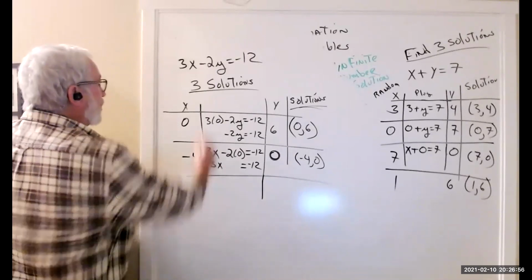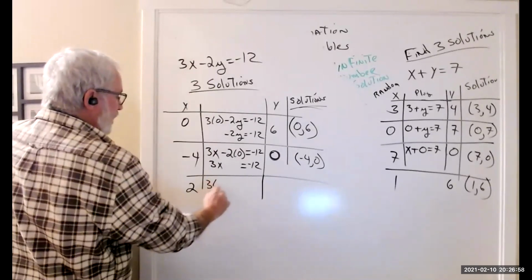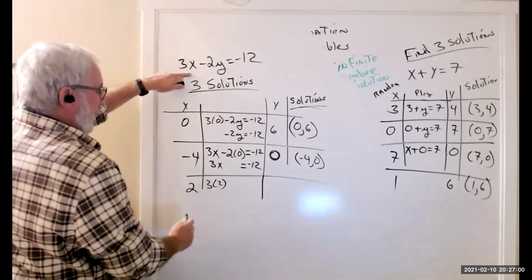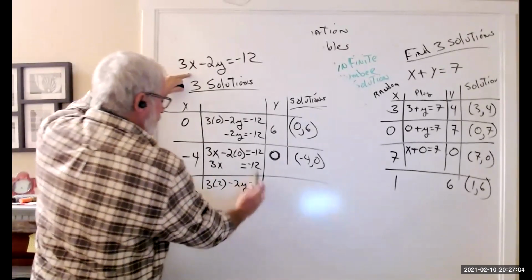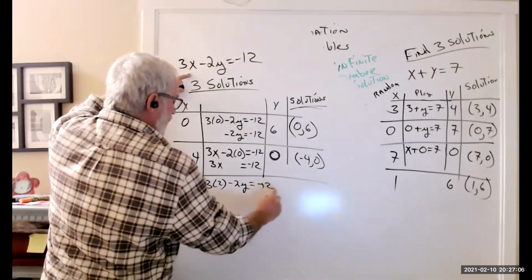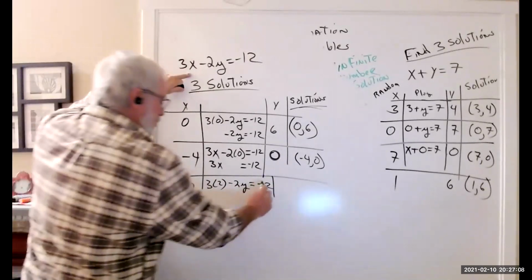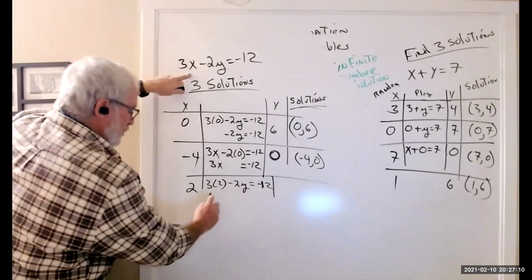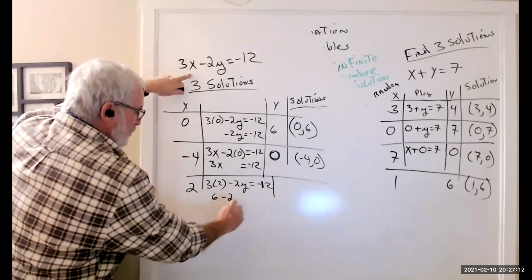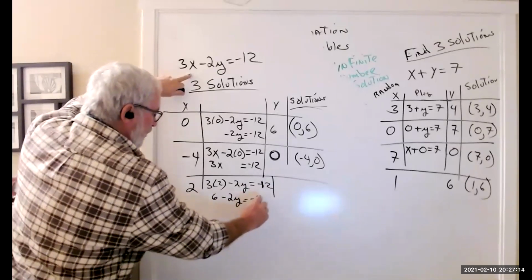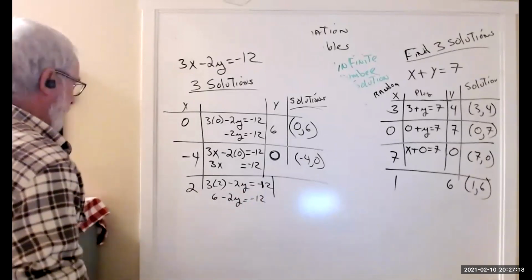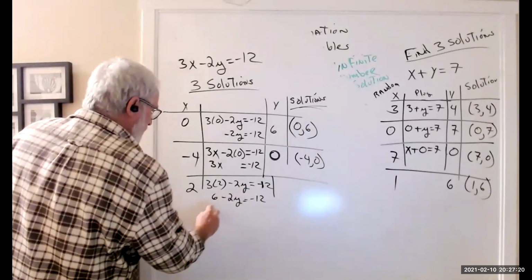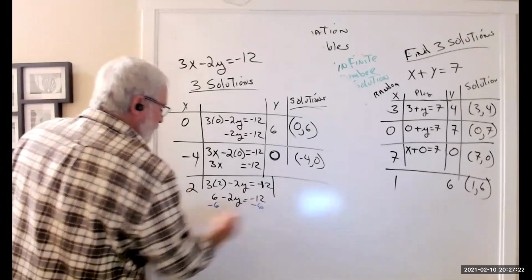Let's see what happens. 3 times 2 for x minus 2y equals negative 12. So this is 6 minus 2y equals negative 12. Okay, got to use a little algebra here. I got to take away 6 from both sides. Minus 6, minus 6.